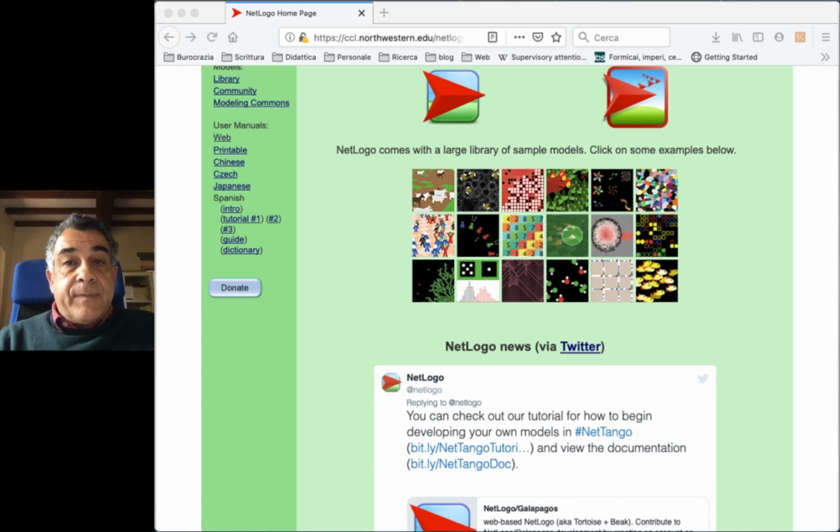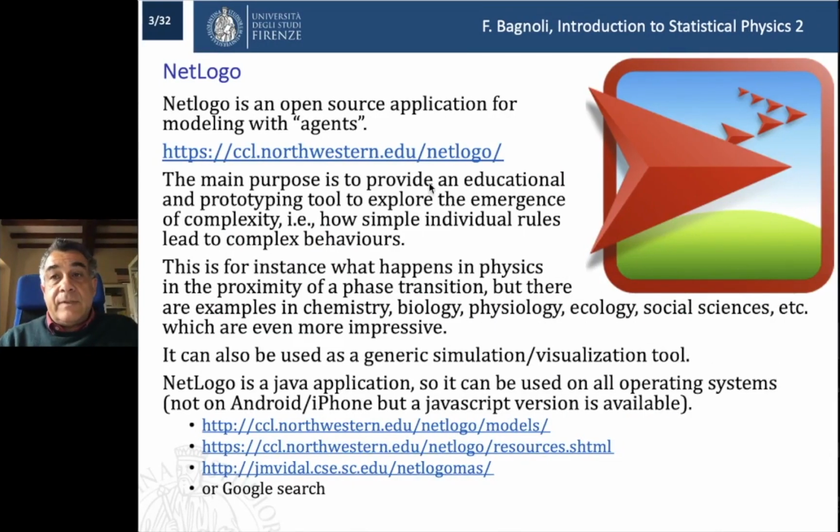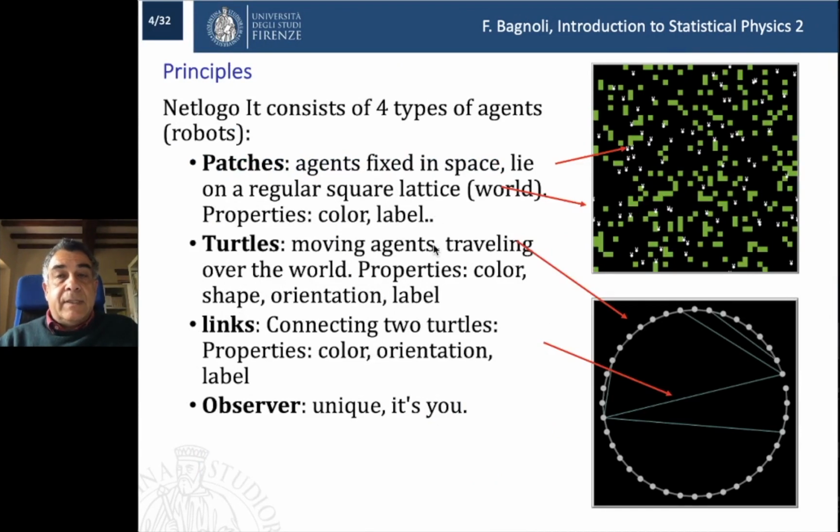So let us investigate the system. The principle is that there is a world composed of patches, and patches are essentially small robots, automata, that stay fixed on a certain point of the world, and on top of this world there can be moving agents that are called turtles, that can travel and so on.